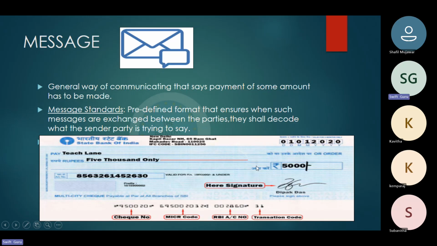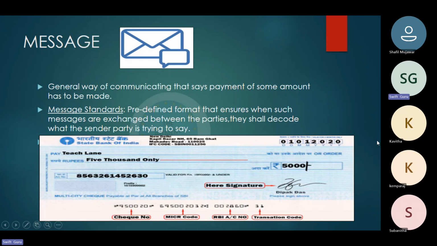This check leaflet has multiple pieces of data available. It has the value date, the date from which this check is eligible to be placed at the bank so it can get transferred.